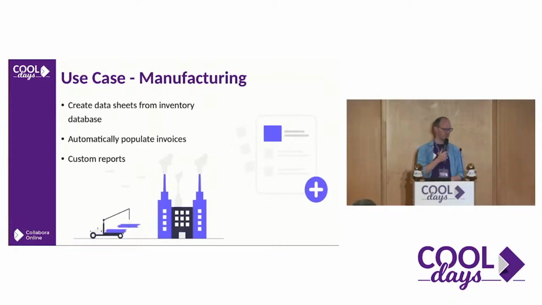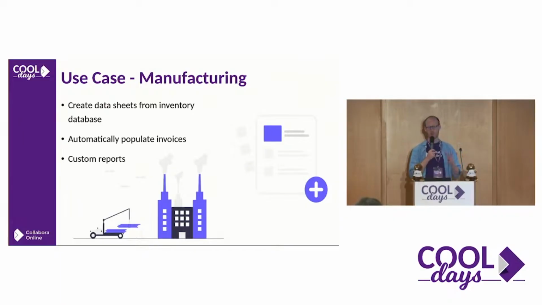So what might this be? You're a big manufacturing company and you make screws and nuts and bolts and nails, and you've got all these different screw threads and sizes and thread pitches and whatever it is. And you've got this massive database of it.